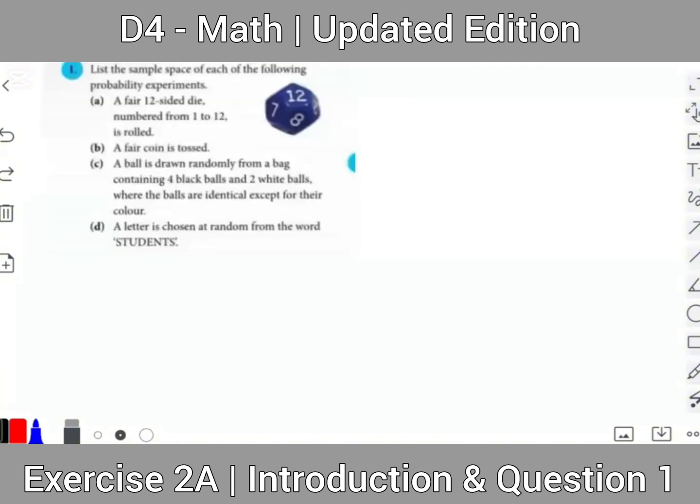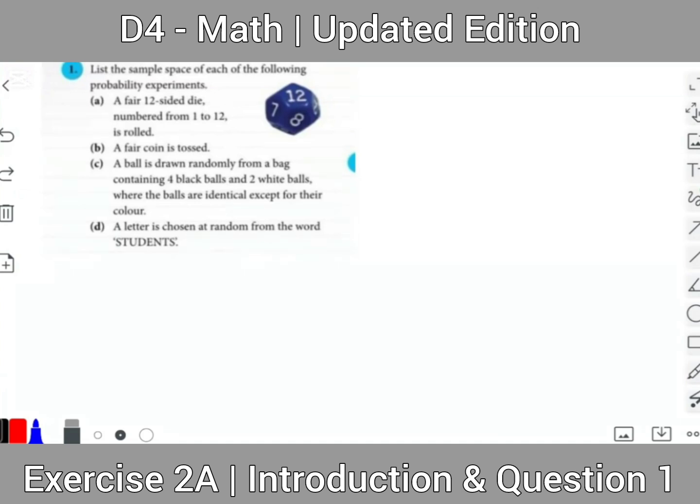Now we have the first question of Exercise 2A. List the sample space of each of the following probability experiments. In part A, a fair 12-sided die numbered from 1 to 12 is rolled. Let S be the sample space.